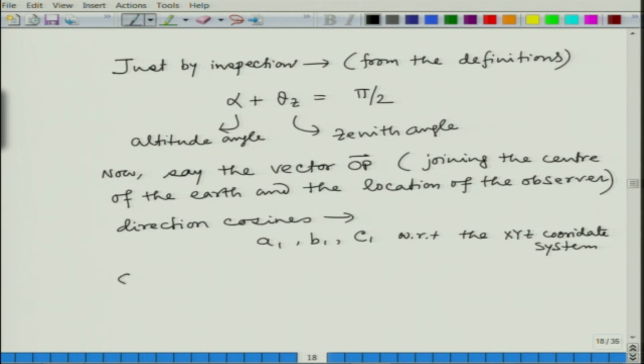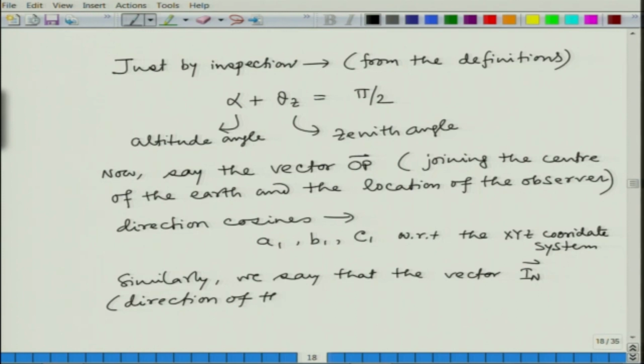And similarly, we say that the vector I n, which represents the direction of the sun rays, has corresponding direction cosines A2, B2 and C2.